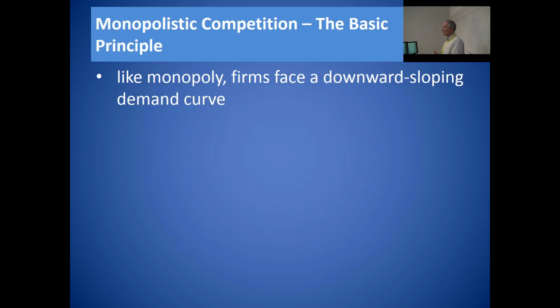So in that sense, a monopolistically competitive market will have a downward sloping demand curve. Firms can charge a higher price than rivals and not lose all of their customers. So in that sense, there are aspects of monopoly here. Firms still need to compete with rivals in terms of price and product specification for customers. So there is, though, a downward sloping demand curve.